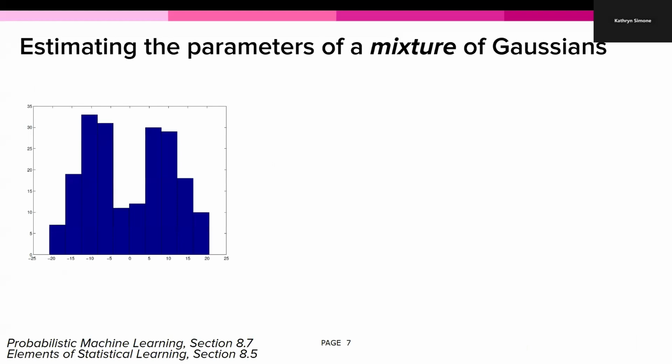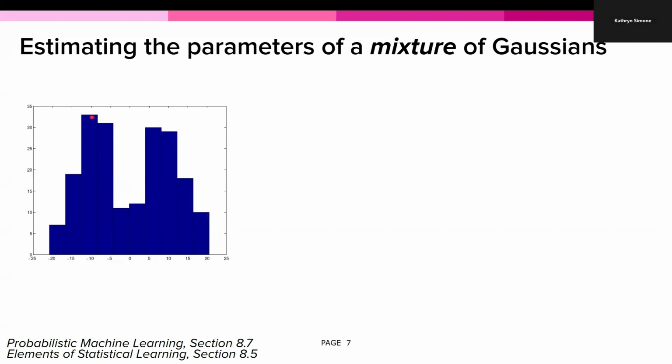All right, so let's start with a motivating example that shows why we need an algorithm like EM in a real data set. On the left-hand side of the slide here, I've got a histogram that represents some data set. Let's say it's heights among people centered around some average. There seems to be a bimodal distribution.